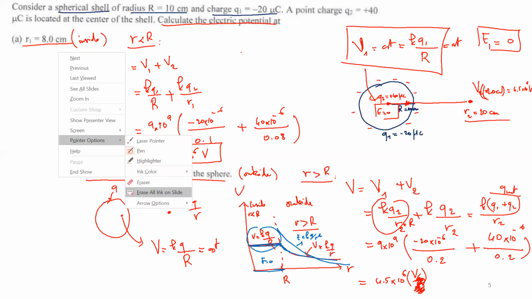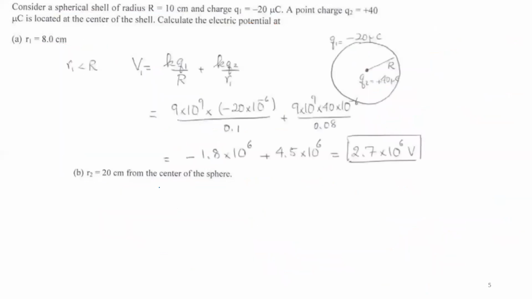So this is what we did here. Exactly, this is what I told you. This is inside, it's constant, kQ1 divided by r, and inside, of course, due to this charged particle, it's just this distance r1, kQ2 divided by r1, and you got it.